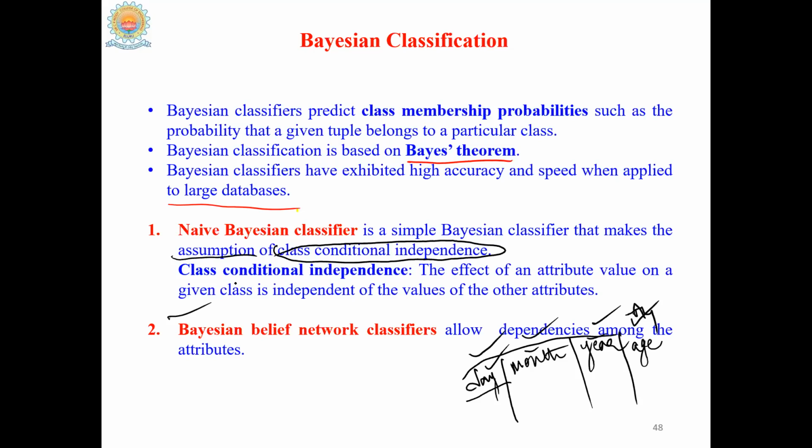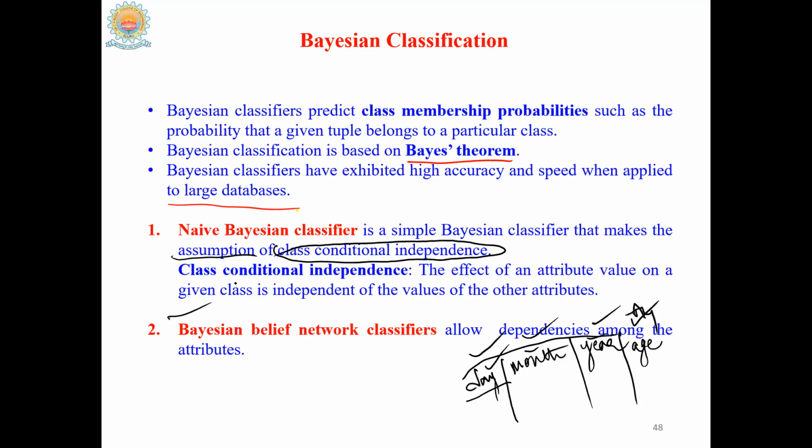Just observe the difference between the two. The naive Bayes classifier is a simple Bayesian classifier that makes the assumption of class conditional independence. That means the effect of an attribute value on a given class is independent of the values of the other attributes. Why did it make that assumption? To make the simplification easier and reduce the complexity of the algorithm.